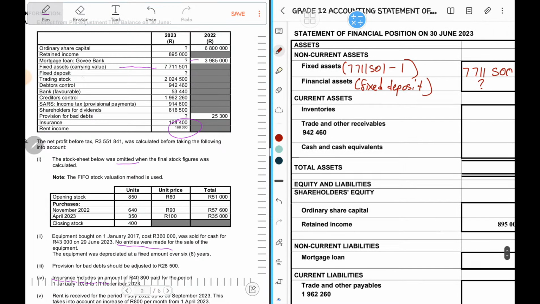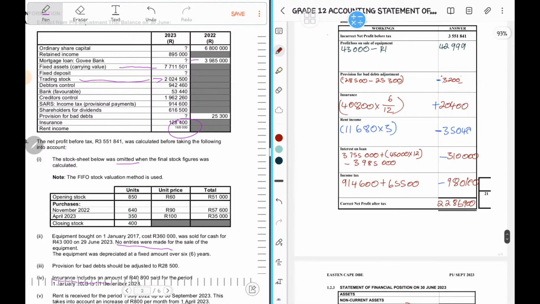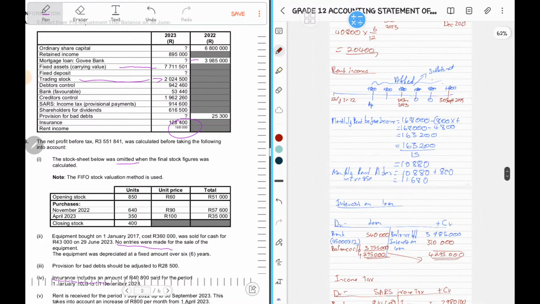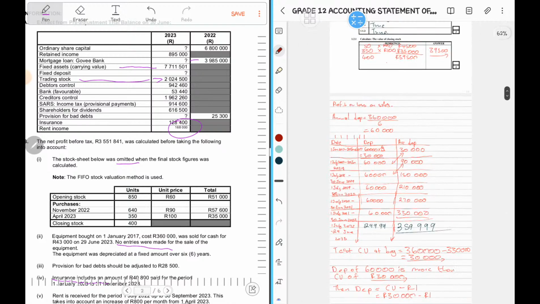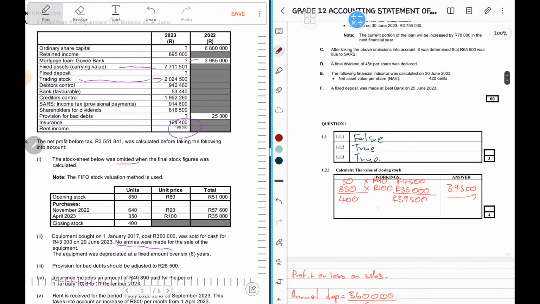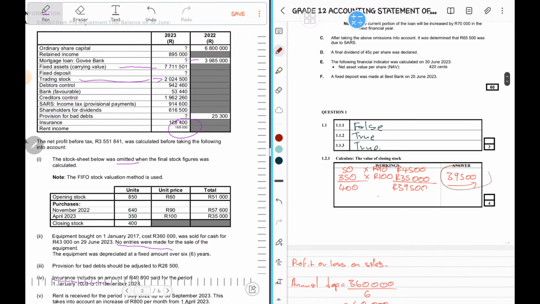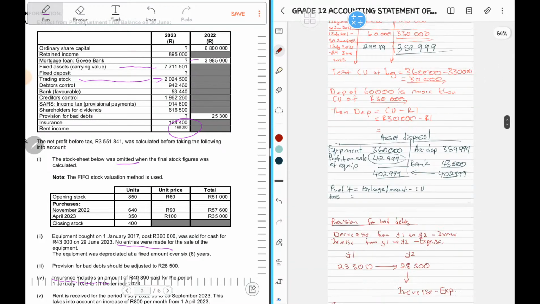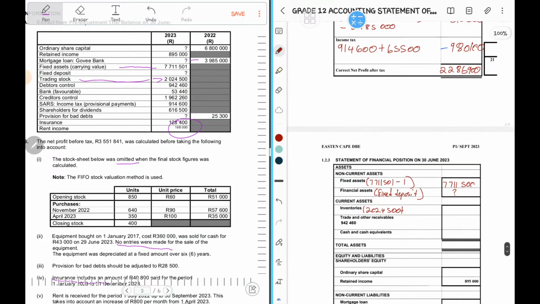So we're going to start by taking the trading stock of 2,024,500. Then we're going to add the amount of 39,500, this one here from earlier on.